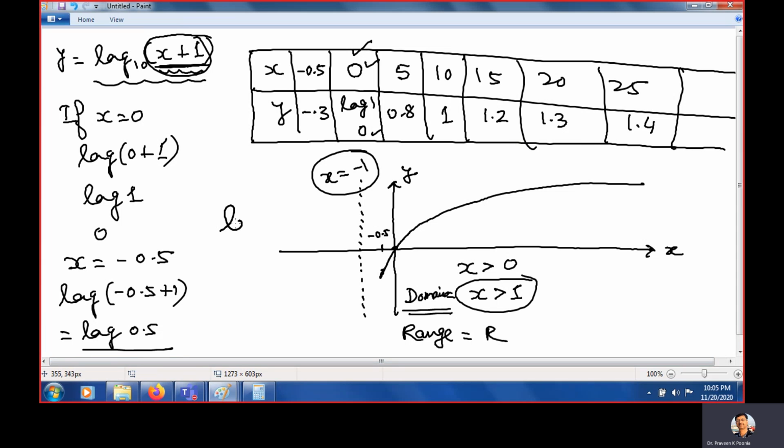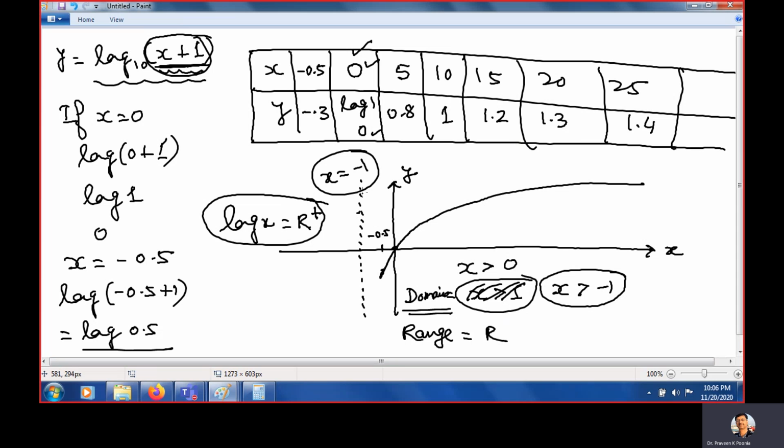If it is log x, if you remember log x, what was the domain? R plus. But here the domain is not R plus. So x is greater than, here if you see, it is not greater than 1. It is x greater than -1, because it is starting here.